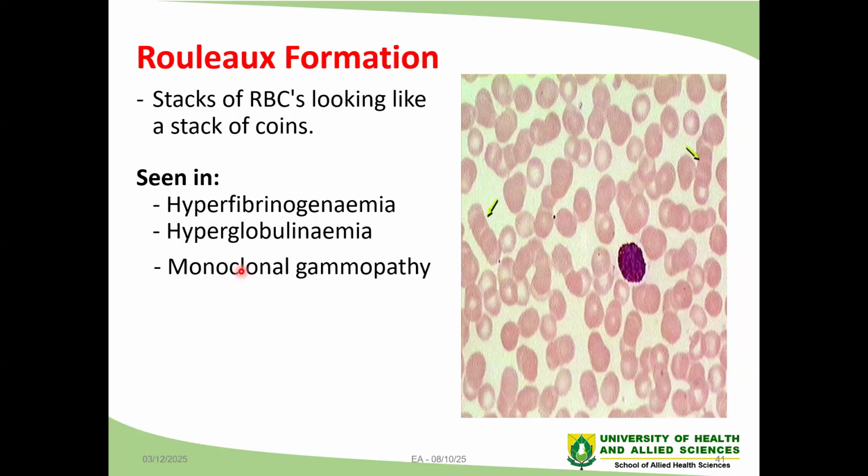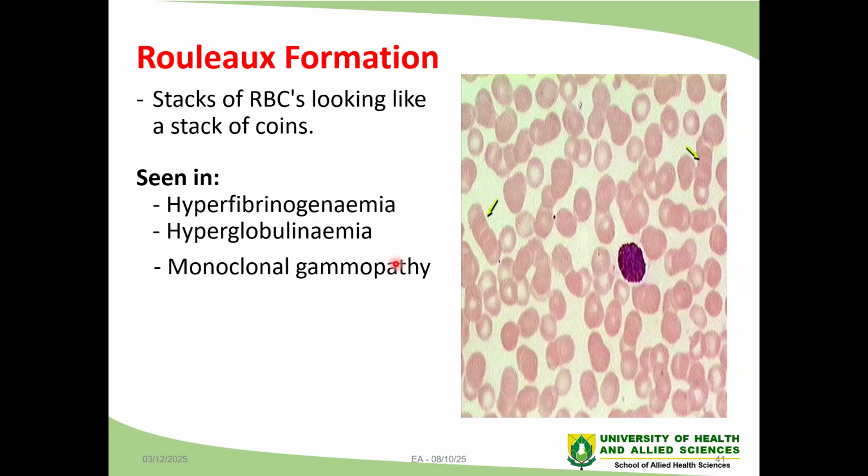And then the last one is monoclonal gammopathy. Monoclonal gammopathy is when you have abnormal immunoglobulins in the blood, which may either be of clinical significance or of unknown significance. An example of one that is of clinical significance is a condition we call multiple myeloma. We also have another called Waldenstrom's macroglobulinemia.